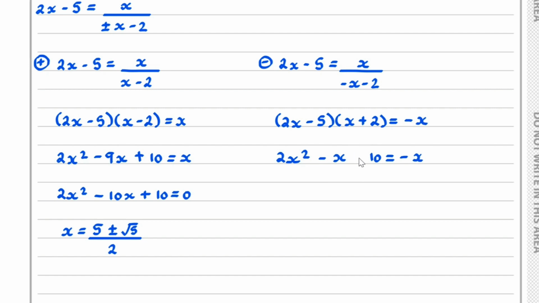Rather, this is minus 10. 2x squared is equal to 10. So x is equal to plus minus the square root of 5. We have our critical values here.